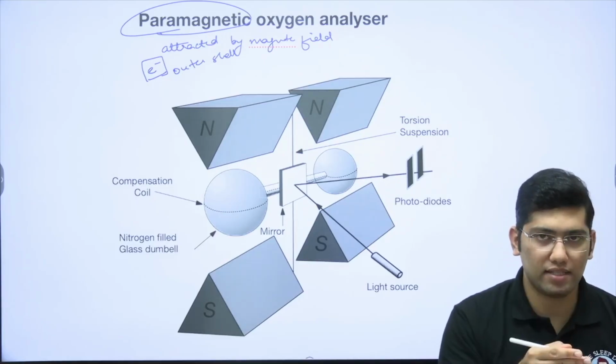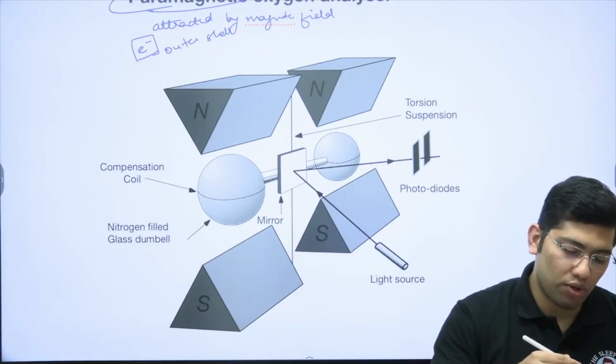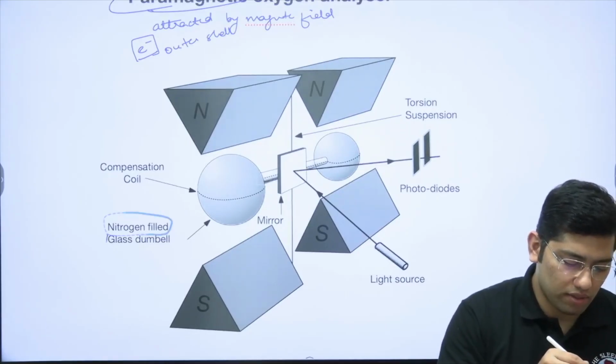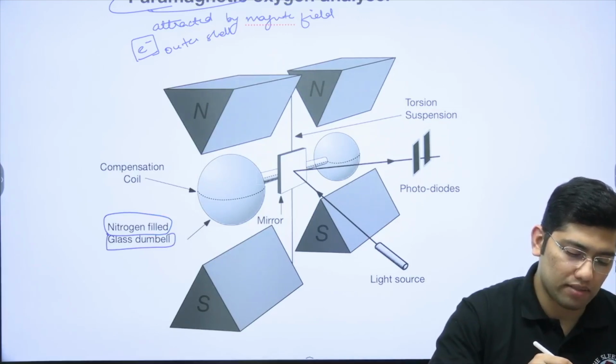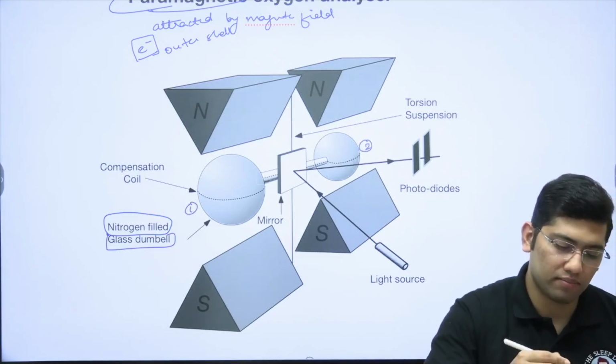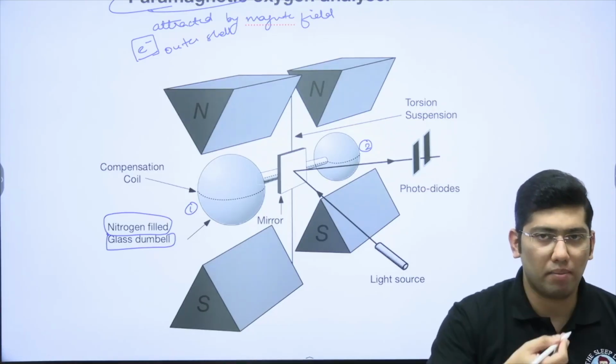Okay. Now let's understand the paramagnetic oxygen analyzer. So here there are 2 nitrogen filled glass dumbbells. So one is here, second one is here. And then they are suspended in a magnetic field.